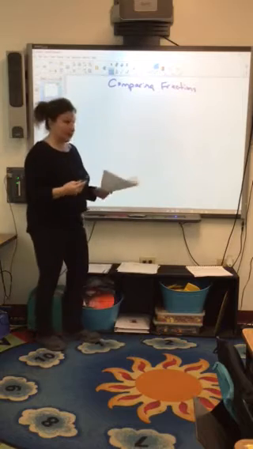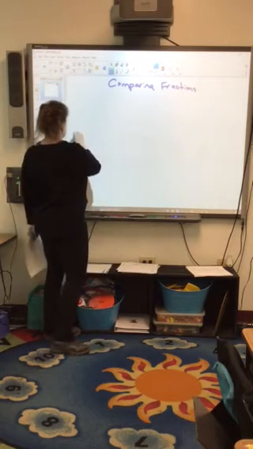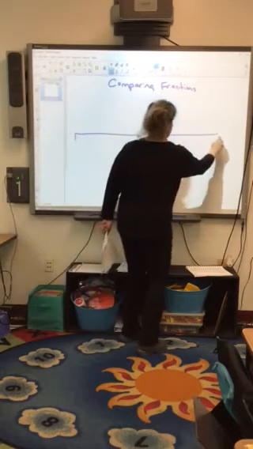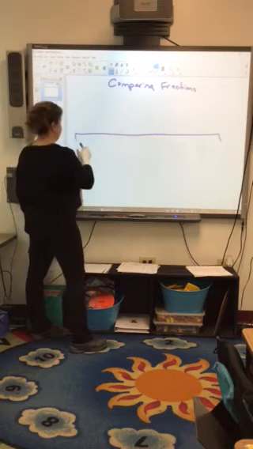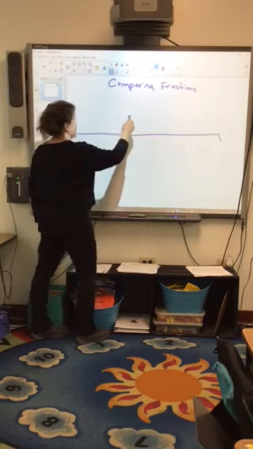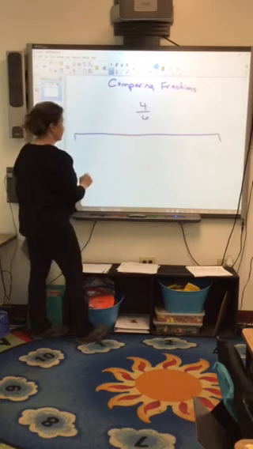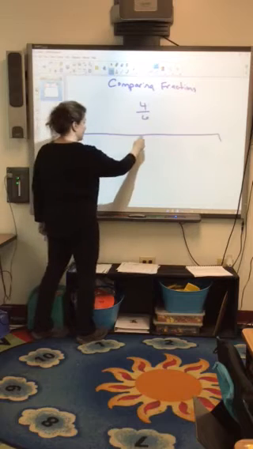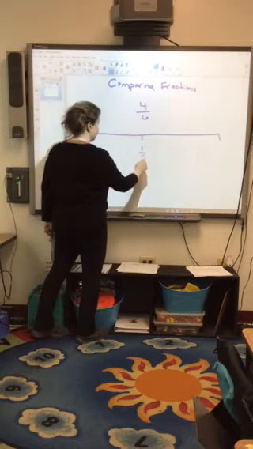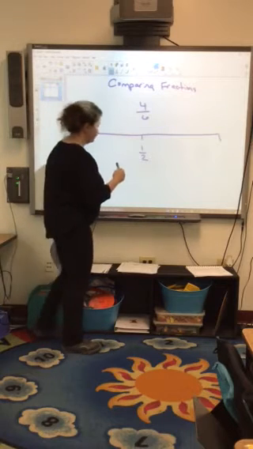Our second strategy is benchmarking, and we do this by asking ourselves, is the fraction, so we'll think about the fraction 4/6, is the fraction close to 0, close to half, more than 0 but less than half?